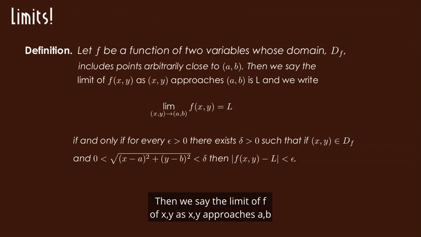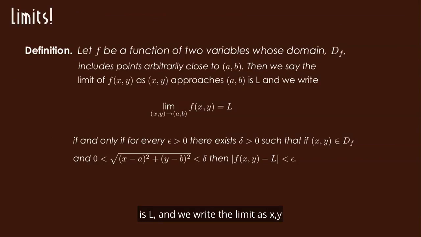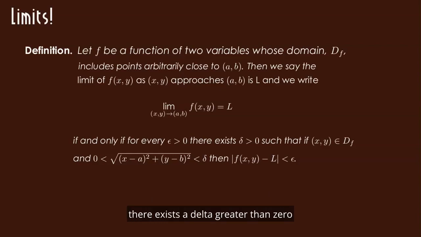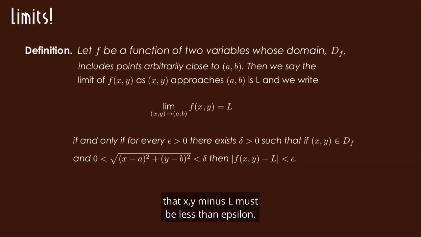Then we say the limit of f of x,y as (x,y) approaches (a,b) is L, and we write the limit as (x,y) approaches (a,b) of f of x,y is L, if and only if, for every epsilon greater than 0, there exists a delta greater than 0, such that if (x,y) is in the domain, and it is within delta distance of (a,b), that's what this 0 less than the square root blah blah blah is less than delta, means it's close to (a,b), then f of x,y minus L must be less than epsilon.